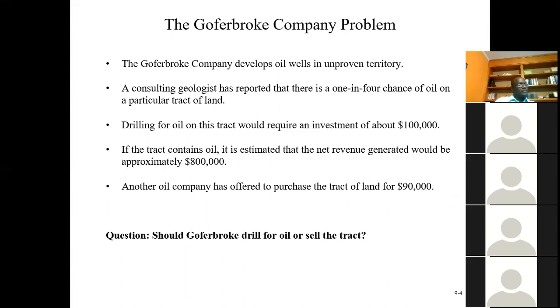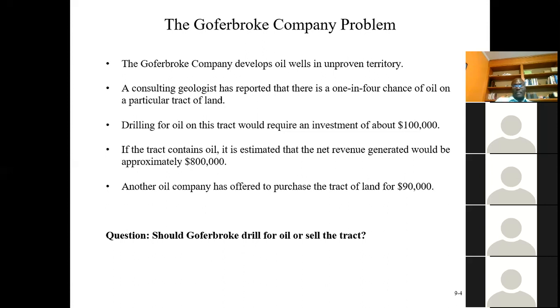Okay, so the textbook talks about the Go For Broke company, a company that drills for oil. We're told that a geologist has reported there's a 1 in 4 chance, or 25% chance, of finding oil in a particular piece of land. If they drill for that oil, it'll cost them about $100,000. If the tract contains oil, then they expect to generate $800,000 worth of revenue.